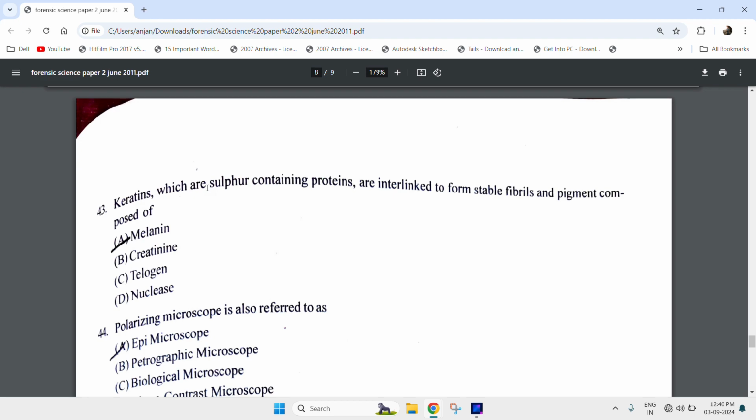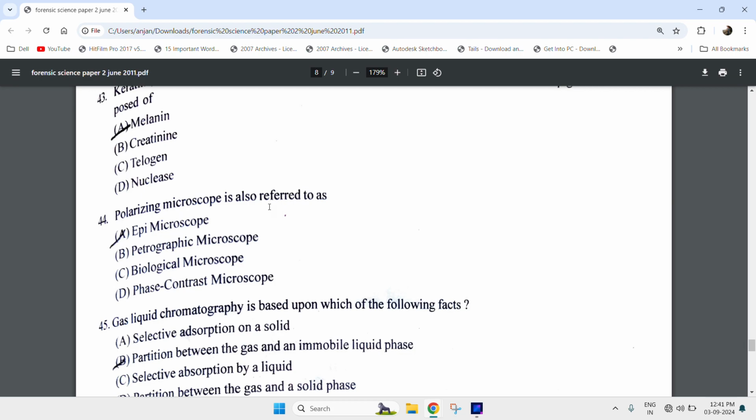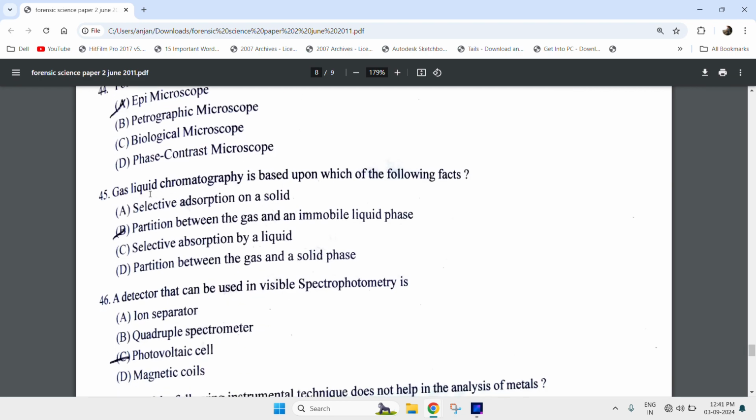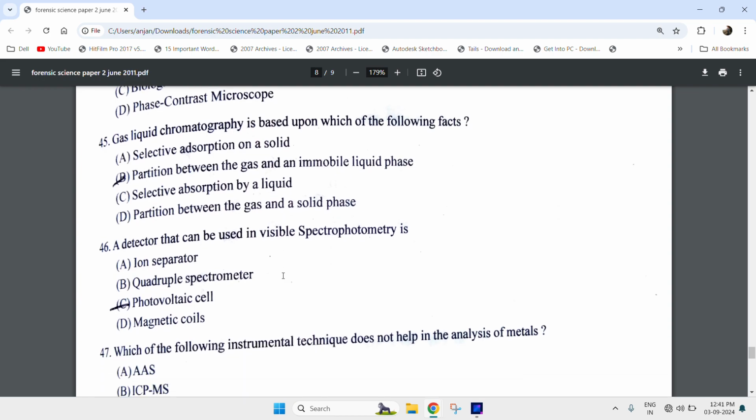Keratins, which are sulfur-containing proteins, are interlinked to form stable fibers, and pigment composed of melanin. Polarizing microscope is also referred to as a petrographic microscope. Gas liquid chromatography is based upon partition between gas and immobile liquid phase.